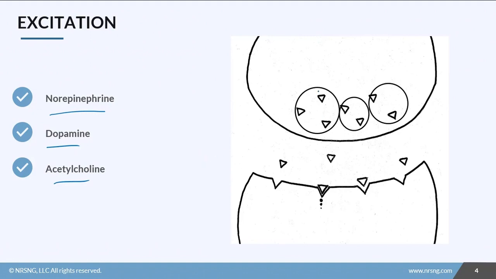So here's what excitation looks like at the synapse. The action potential arrives at the end foot, or the axon terminal, and it causes calcium to rush into the axon terminal. That calcium stimulates these vesicles to release the neurotransmitters across the synapse. The neurotransmitter then arrives on the other side of the synapse and binds to the receptor that's specific to that neurotransmitter.